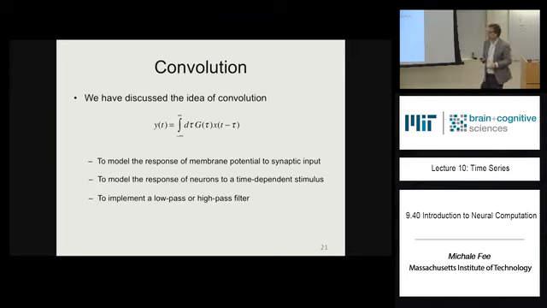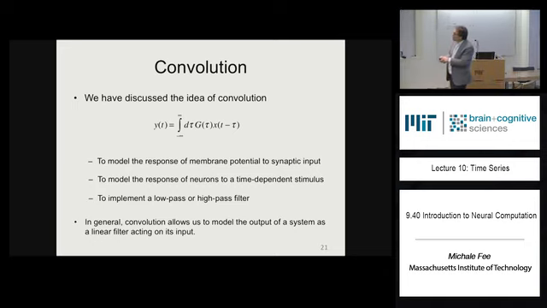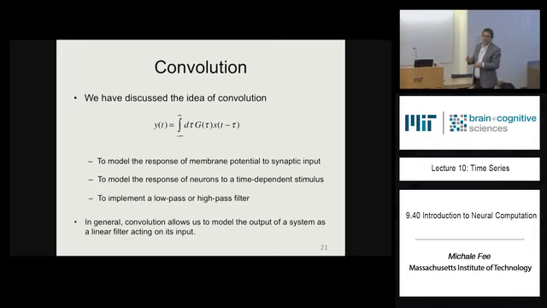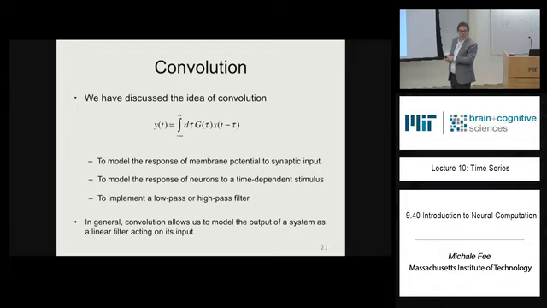But most generally, you should think of convolution as allowing you to model how a system responds to an input, where the response of the system is controlled by a linear filter.